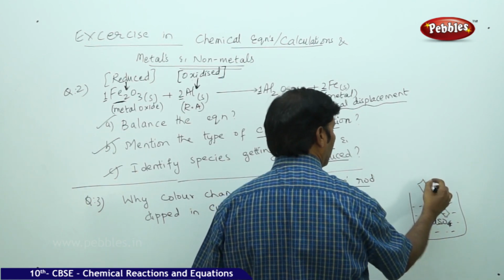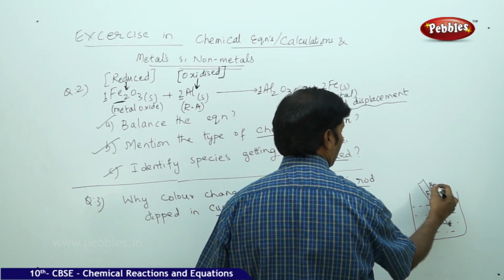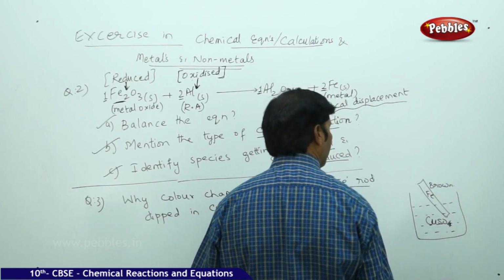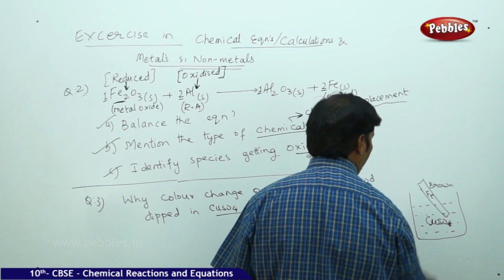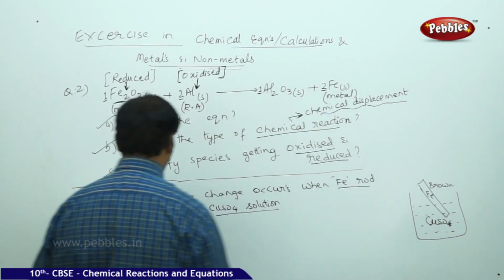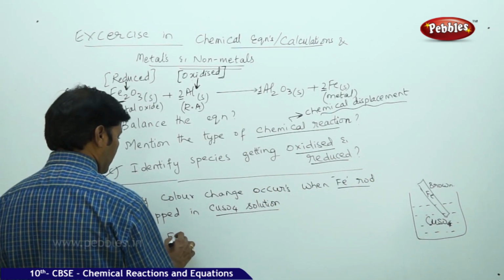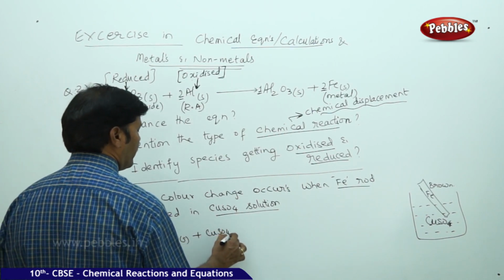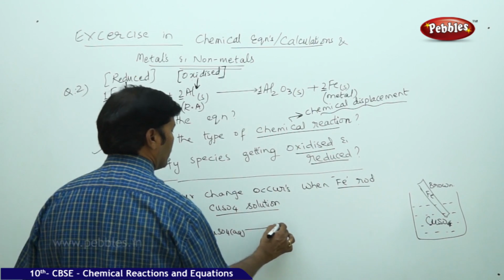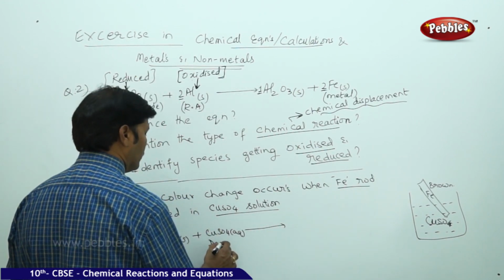This is brown color. Here what is happening is once iron is dipped in copper sulfate, the reaction takes place like this: iron solid plus copper sulfate aqueous. This is dark blue.